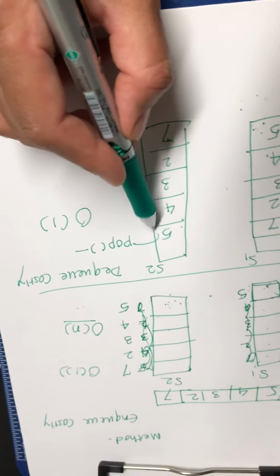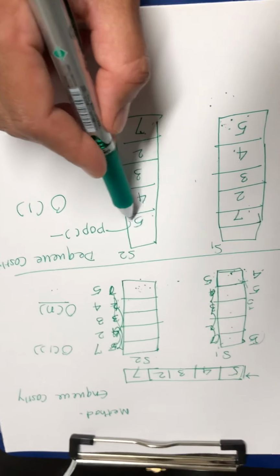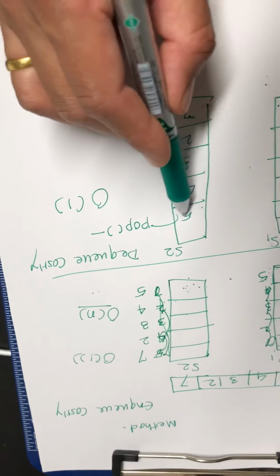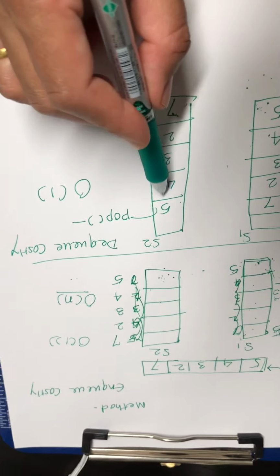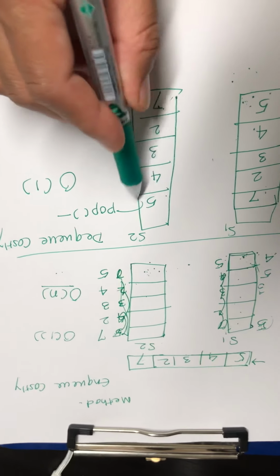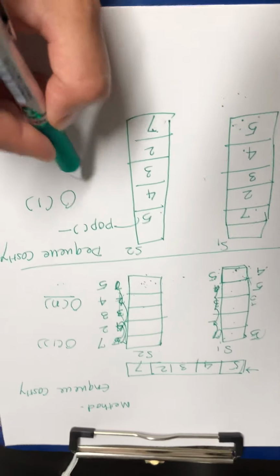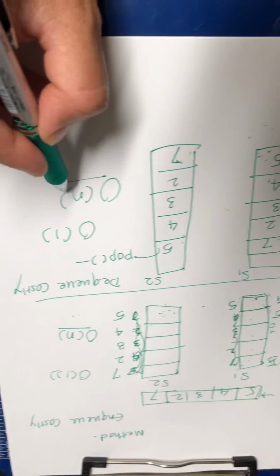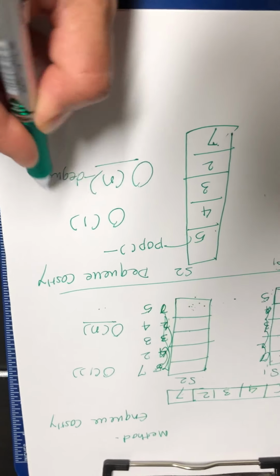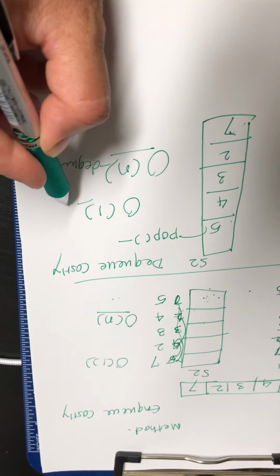Whenever we need to DQ, we just pop this top element, and that is the DQ operation of this queue, which is the first in first out element. The time complexity is order of n for DQ and order of 1 for NQ.